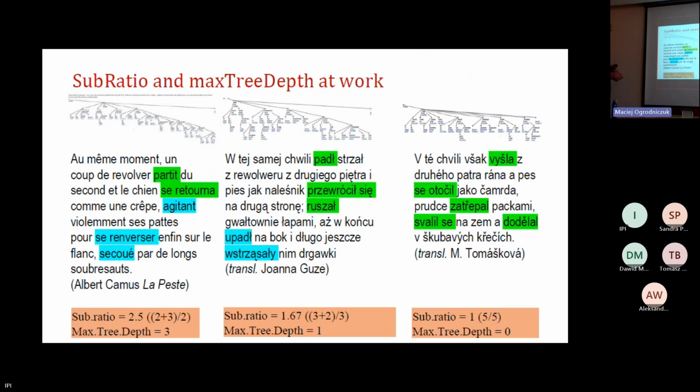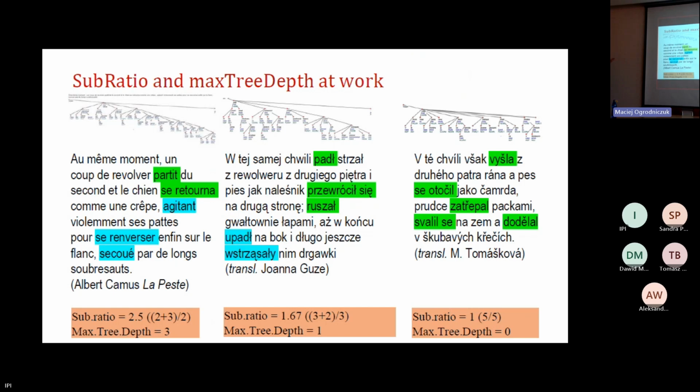Here in Polish, you have 3 conjuncts, but the maximal tree depth is just 1, because here you have these 2 clauses, while the blue are the subordinate clauses and the green are the conjuncts.